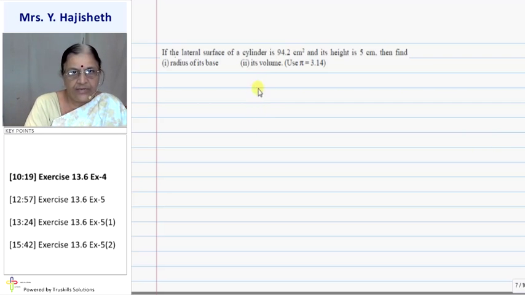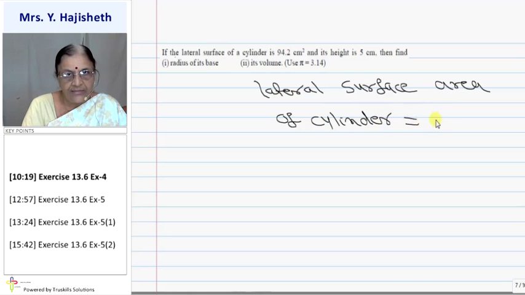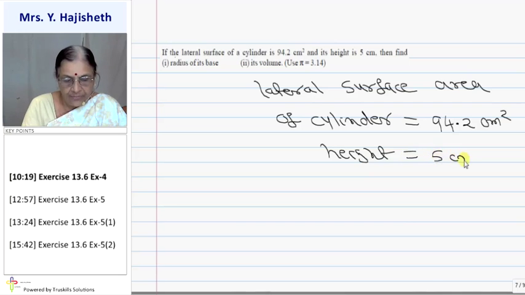First, we take here lateral surface area of cylinder. What is given? Lateral surface area of cylinder is given as 94.2 centimeter square and height is given as how much? 5 centimeter, okay?